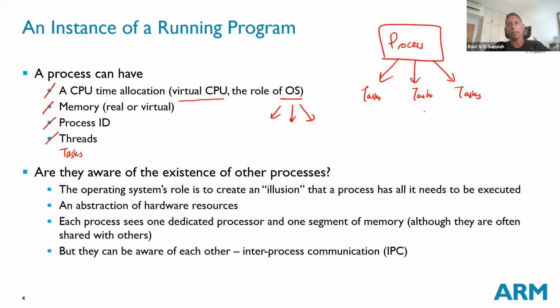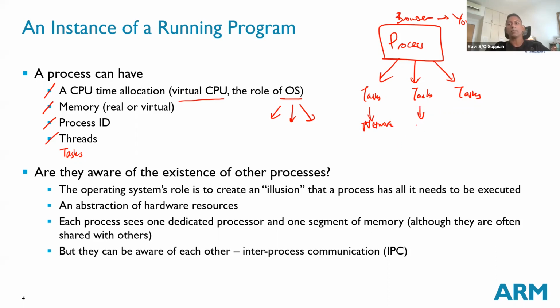For example, you open up your browser. That is a process. But in the browser you go to YouTube and you start to watch a video. When you start to watch a video, what do you need? You need to open up some network tasks to handle the video streaming.